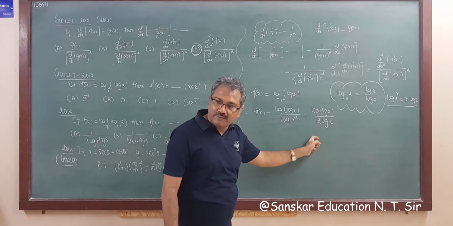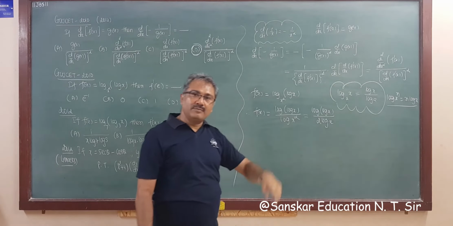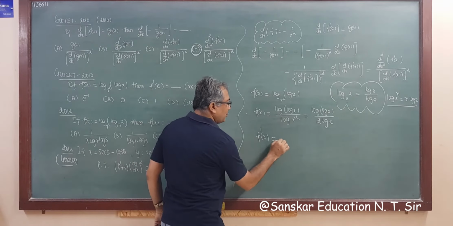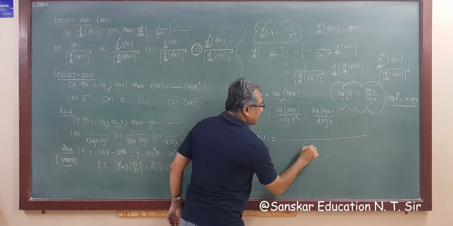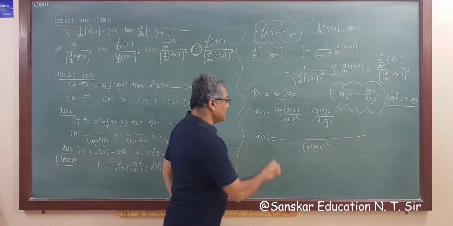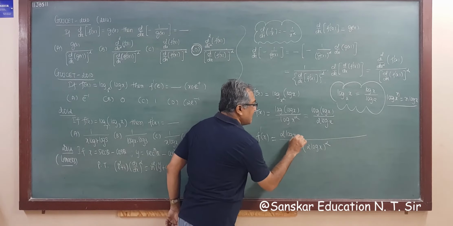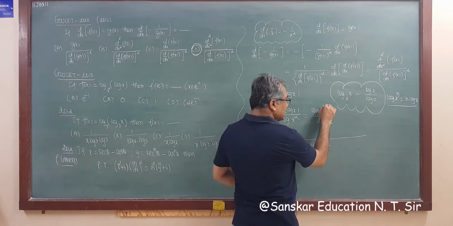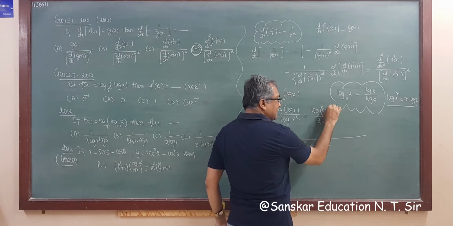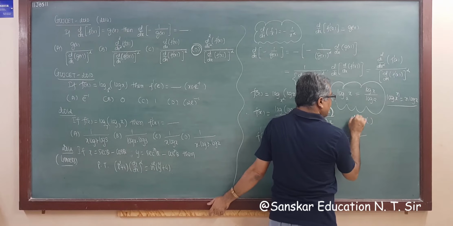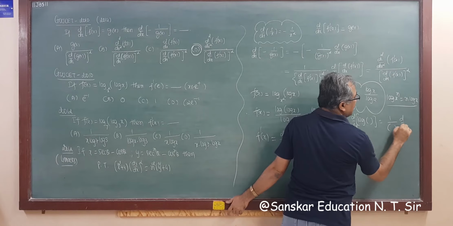So this is u upon v form. Differentiating, the derivative f'(x) is equal to denominator square, that is 2 log x whole square, with the denominator as it is, 2 log x, times the derivative of the numerator. The derivative of log bracket is 1 upon bracket into d/dx of bracket.